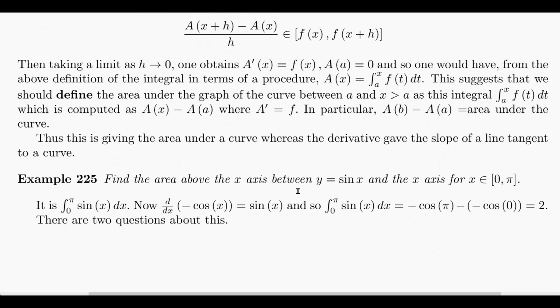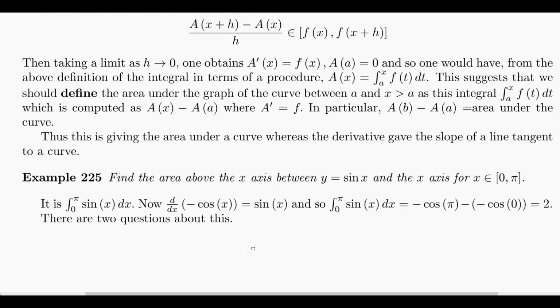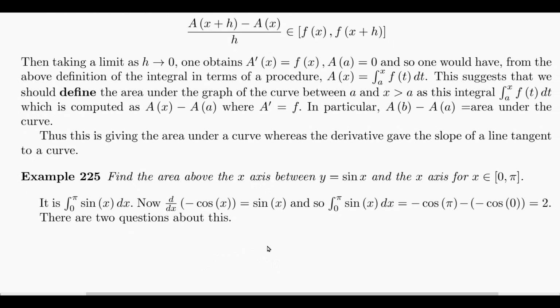Here's an example. Find the area above the x-axis between y equals sine of x and the x-axis for x an element of 0 to pi. Now what this looks like, I'm not going to show the graph, but you can show it if you like. It comes up like this and comes down like that, see. It is kind of an upside down U-shaped thing.